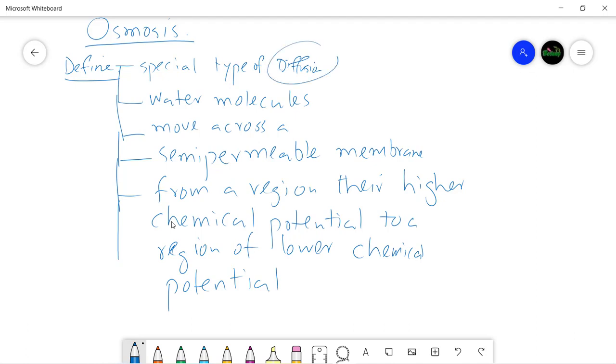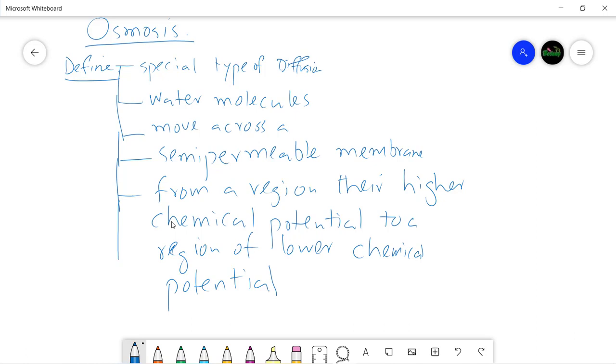Osmosis is basically a diffusion, and it is a special type of diffusion because water molecules are involved. Now we can describe osmosis in terms of any solvent, but since in plants the only solvent that is absorbed and which moves throughout the plants, and in which various solutes are dissolved, is water, we are mostly concerned with water molecules.